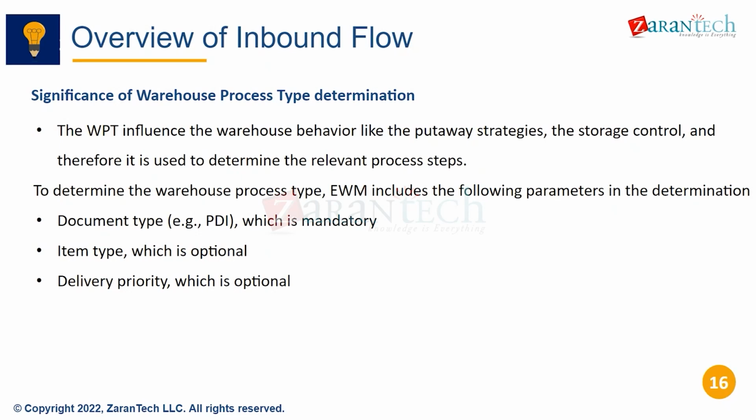Because this is a high priority delivery, picking and put away or anything has to be done very fast. In that case, you have to maintain a separate process in the warehouse to complete that activity.